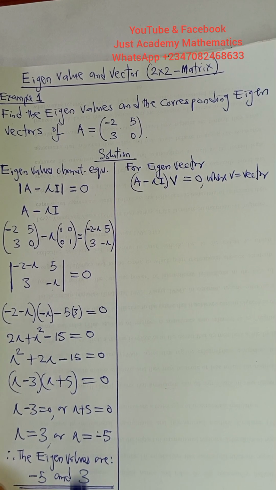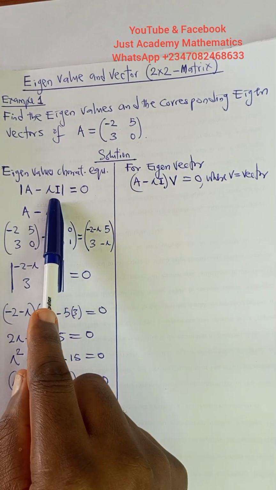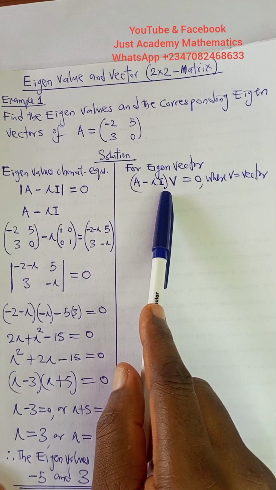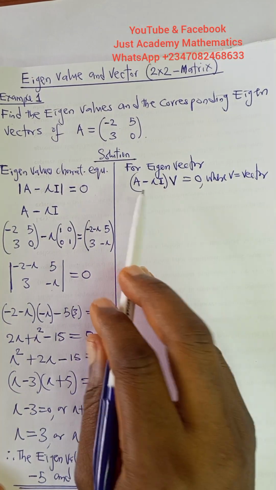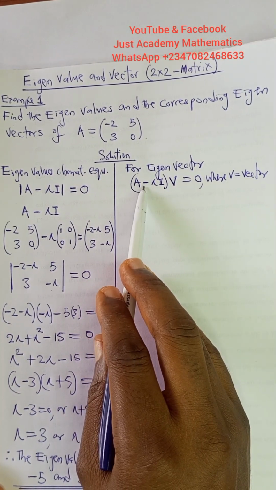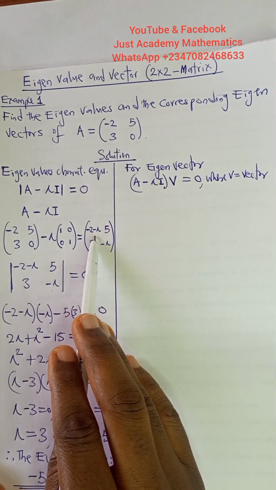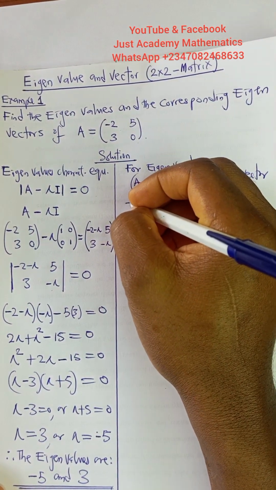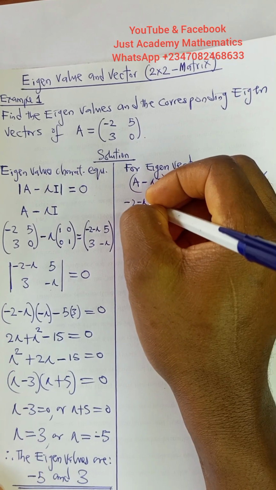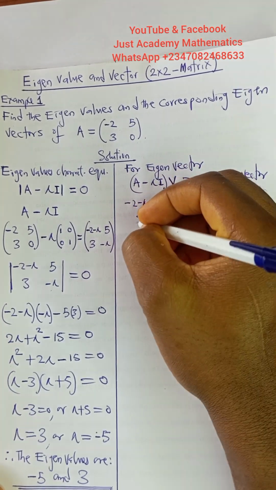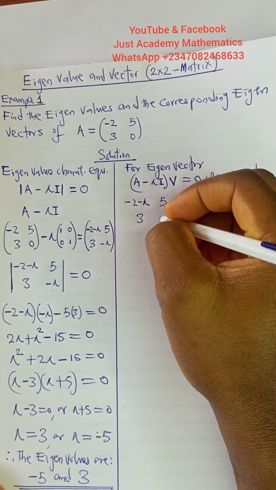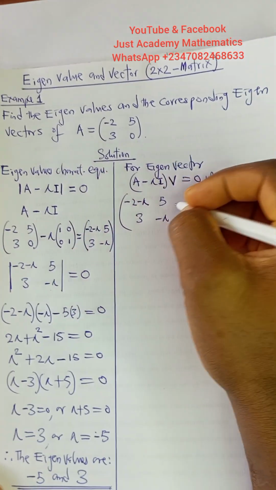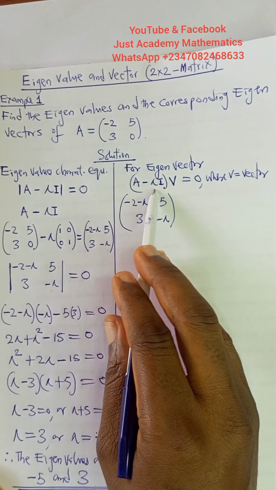So if we quote these statements here, remember that this one now is the same thing as this. Look at it here. This is what I mean: minus 2 minus lambda, 3, 5, minus lambda, which is this one.